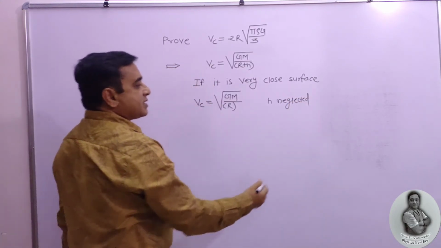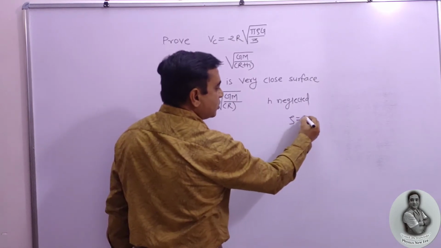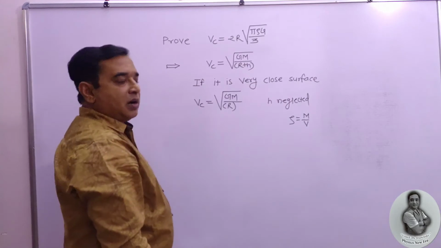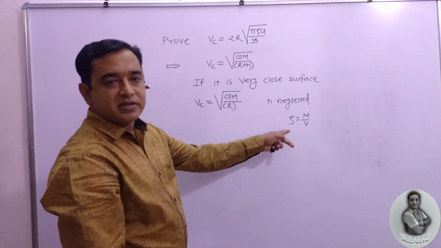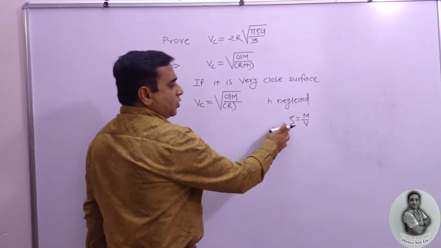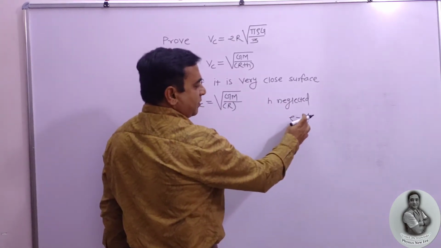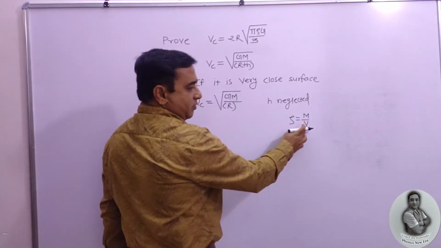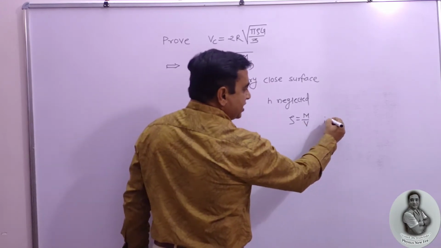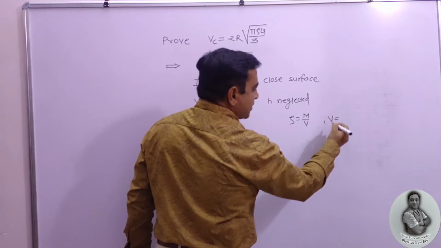And we know that density is equal to mass upon volume. Mass of the earth upon volume of the earth, and this is the density of the earth or that planet we say. So rho is equal to mass of that planet upon V, the volume of that planet. We need to consider each and every planet spherical in nature.